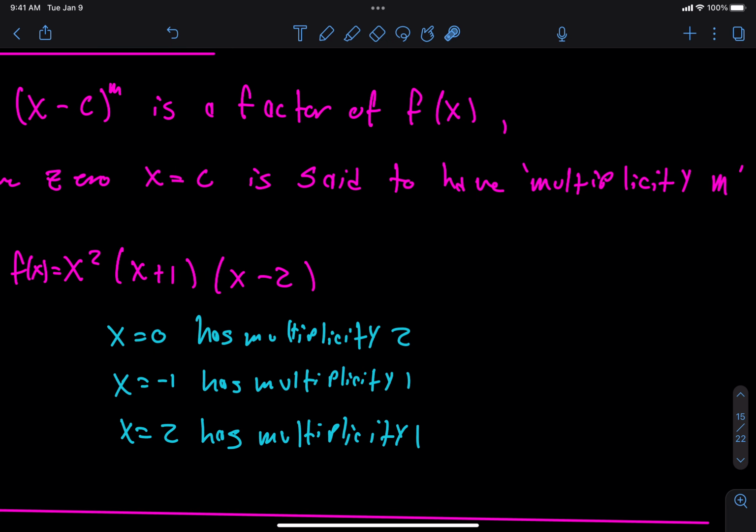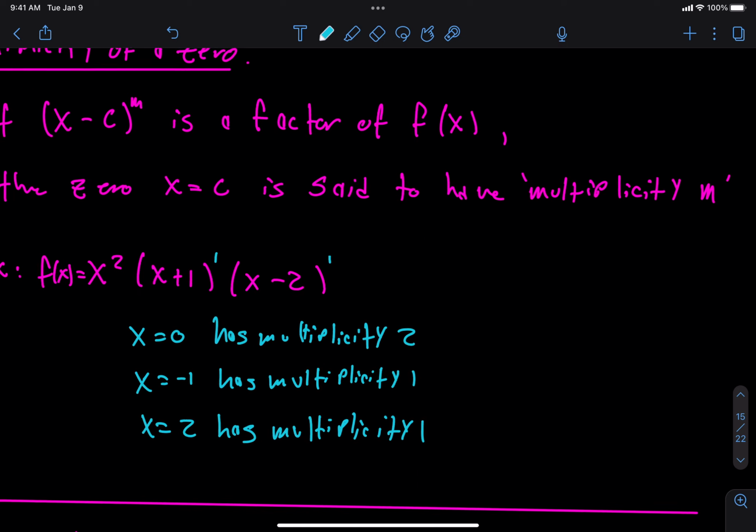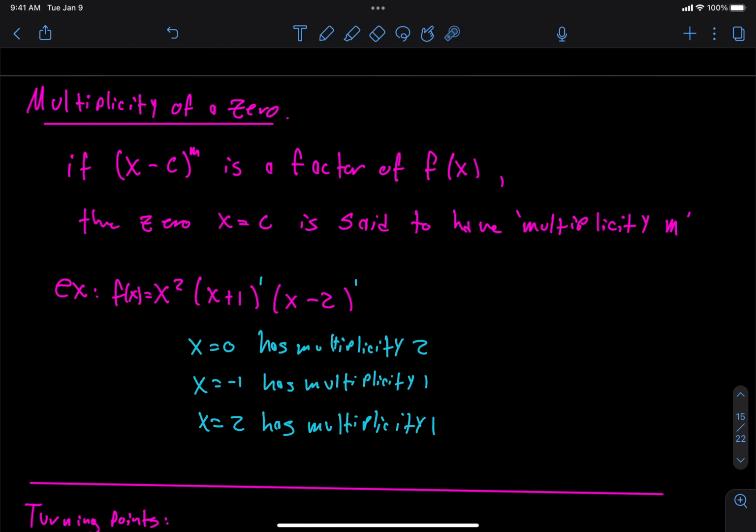So why is it multiplicity 1? Because I could think of there being like a power 1 here on each of these factors. Okay, we just don't write it because anything to the power 1 is just itself. So that's about the multiplicity of a 0. It has to do with how many times that factor shows up in the factored form of that polynomial.